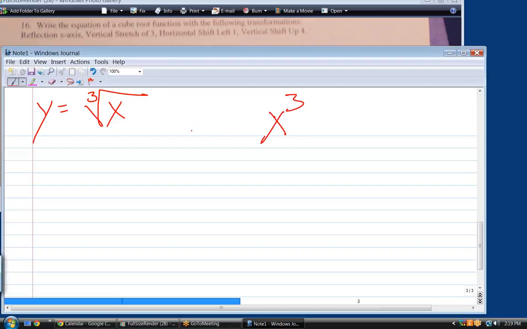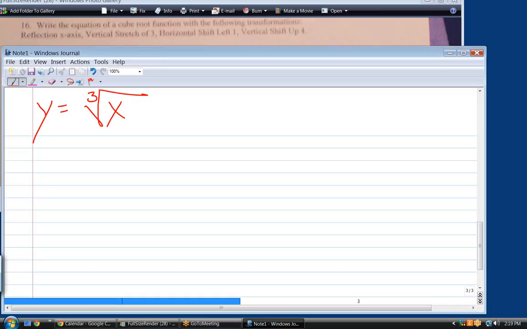These are actually inverse functions of one another. An inverse being something that undoes something else. In other words, if I've taken a number and cubed it, if I want to get back to where I started from, I take the cube root of it. So these are inverse elementary functions, and this is the one they're talking about, the cube root function.